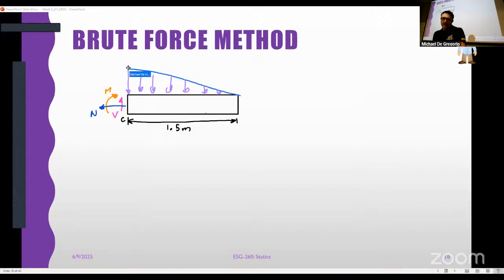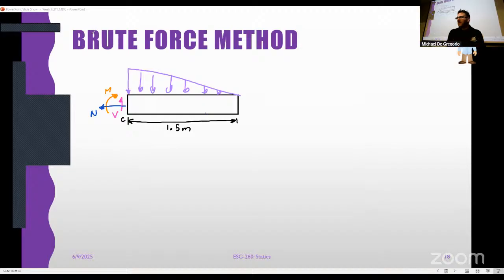How would you characterize this portion of the triangle from here down to here? If I asked you to write an equation to take me from this point up to this point, what would that look like? Yeah, it's a linear function, right?